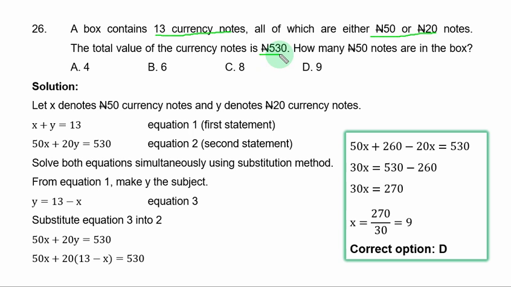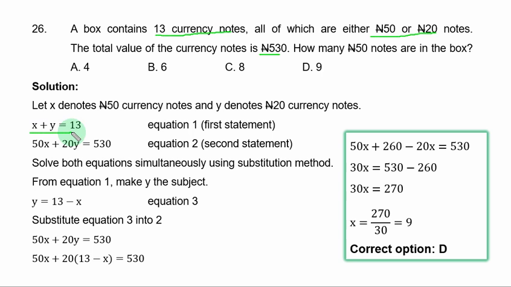So let's denote the 50 naira note with S and the 20 naira note with Y. From the question, you combine S and Y, it gives 13. That is S plus Y equal to 13 from the first statement. Now, from the second statement, the total value, that is 50S plus 20Y equal to 530. So you have two equations, 1 and 2.